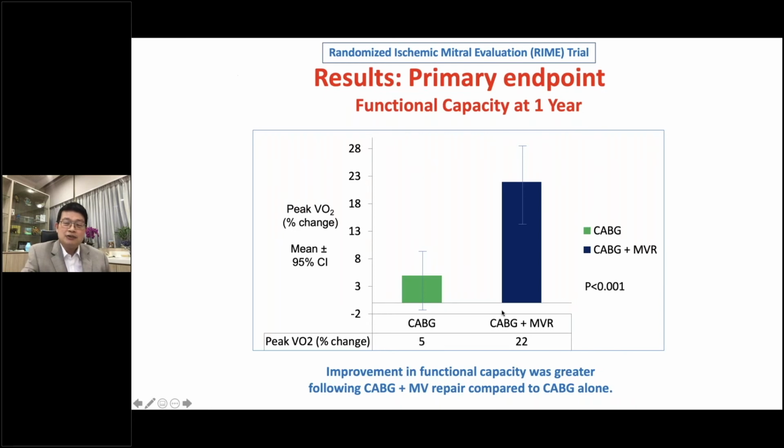And in this study, we did demonstrate a significant benefit with adding mitral valve repair surgery to CABG in terms of improvement in functional capacity as measured by peak oxygen consumption, where those who had the valve repair in addition to CABG demonstrated a 22% improvement in peak oxygen consumption compared to those who had CABG alone, who showed a non-significant 5% improvement.